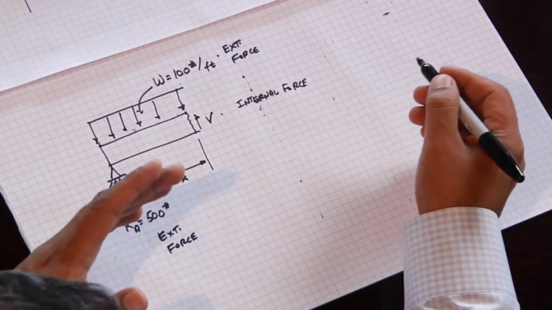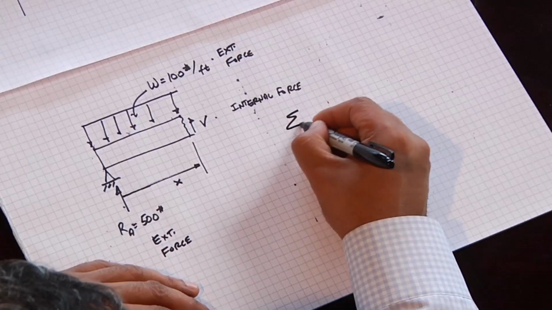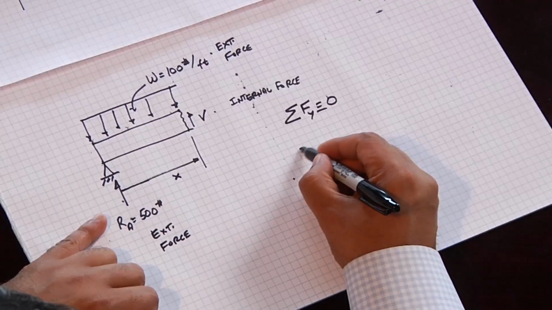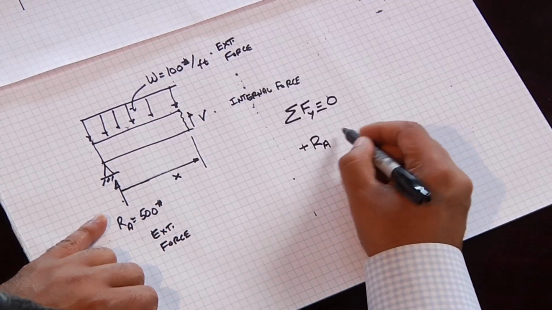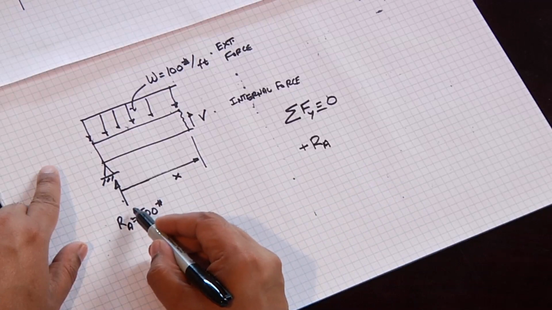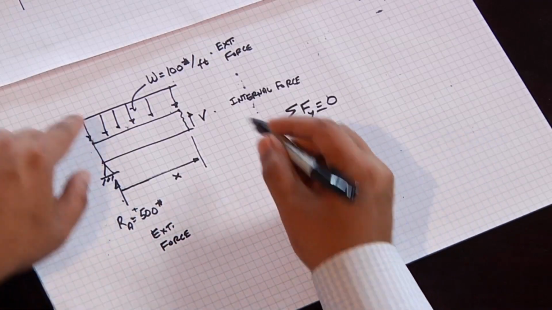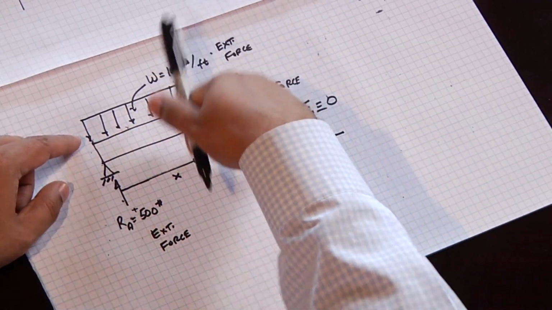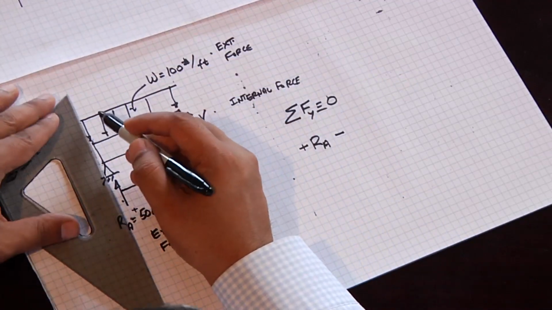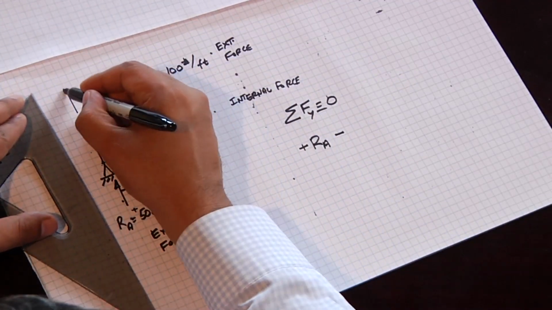So we follow the basic rules of structural analysis. Sum of the forces in the y direction must equal 0. So let's sum the forces. We have plus RA, because this is going up, it's positive, so this is a positive force, minus the downward force, because W is going down. Although it should be quite obvious, I'll go ahead and draw a coordinate system on here.